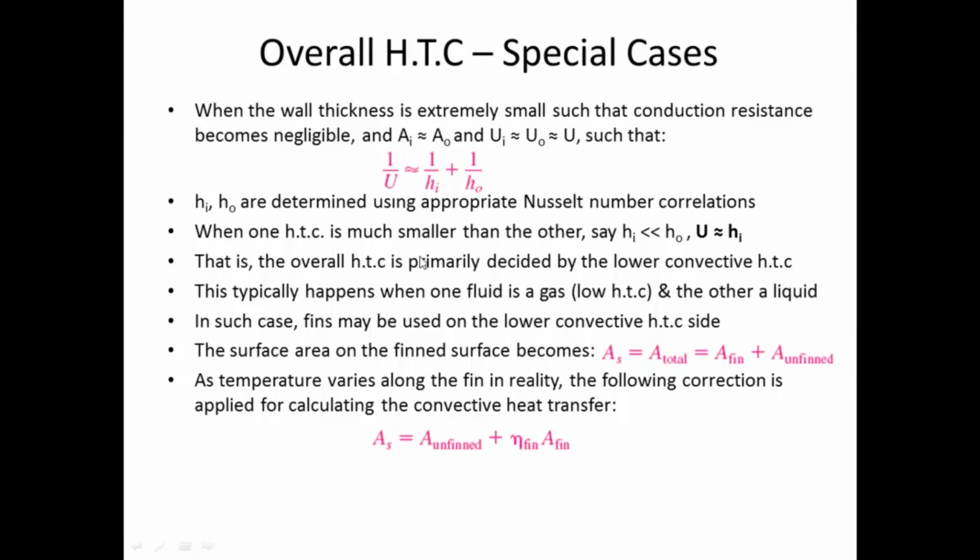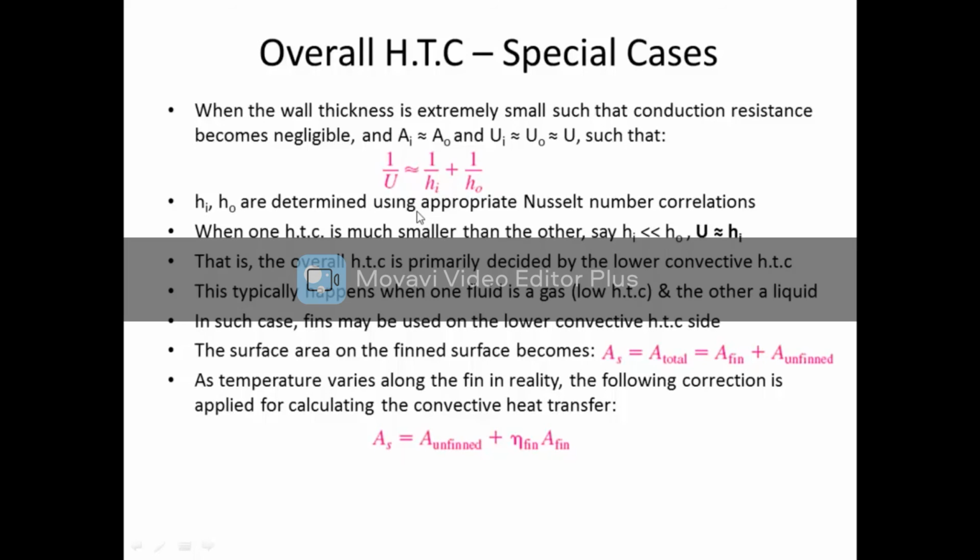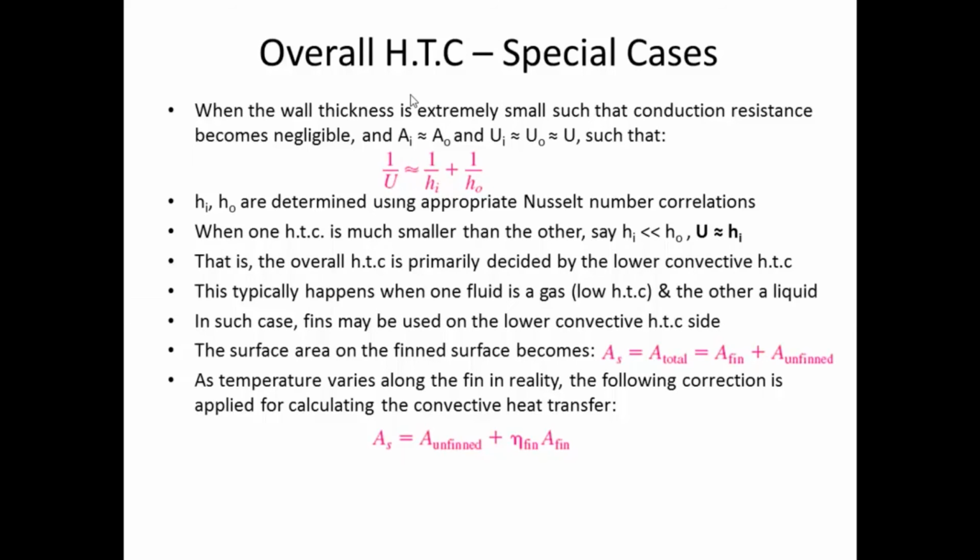So that way our overall heat transfer coefficient will be defined by this expression. Here HI and HO need to be determined using the appropriate Nusselt number correlations. HI will be determined based on the Nusselt number correlation for flow within a tube, and HO for flow within an annulus.